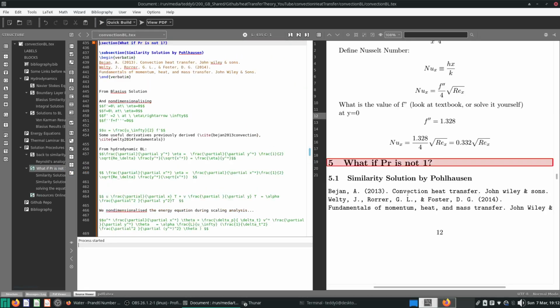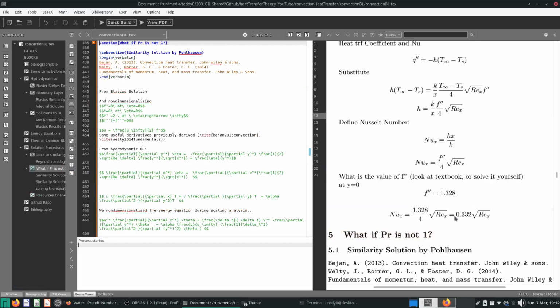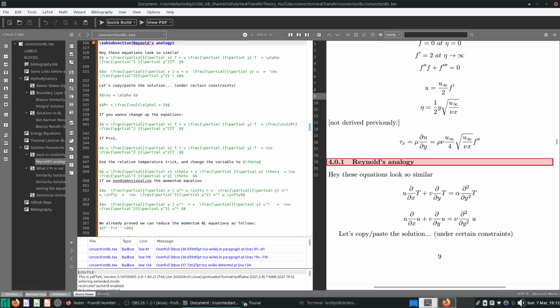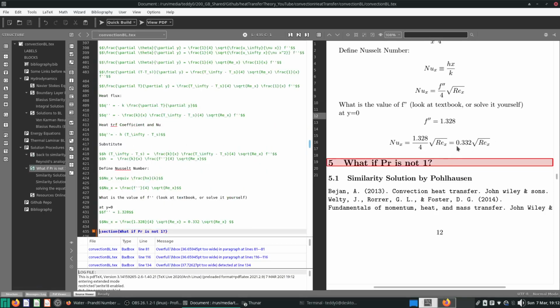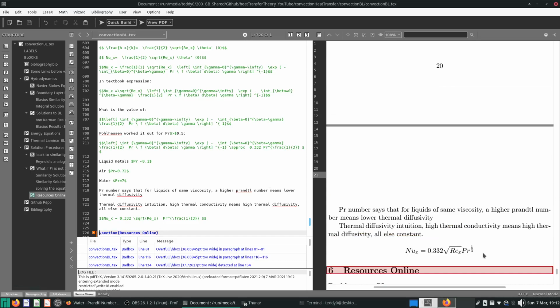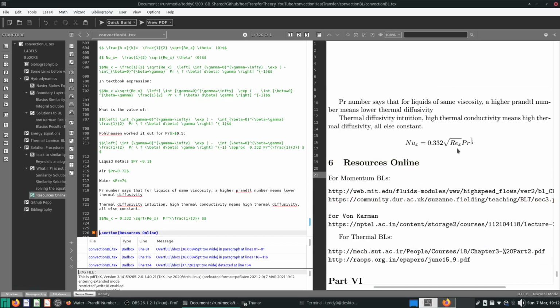The Reynolds analogy is 0.332 square root of Reynolds number to the x. But if we include the change of Prandtl number, at least for Prandtl number higher than 0.5, then we'll have a Prandtl number to the 1/3 here.